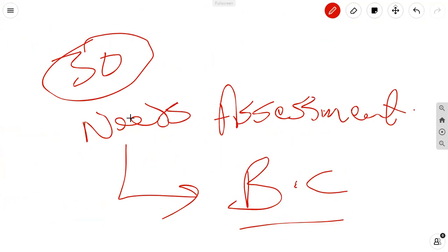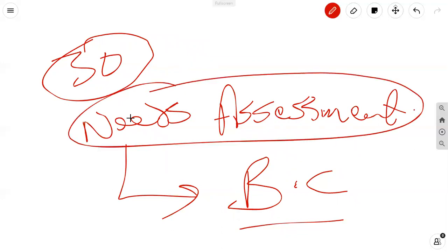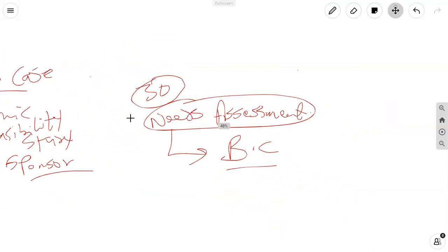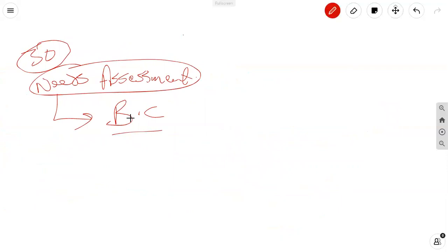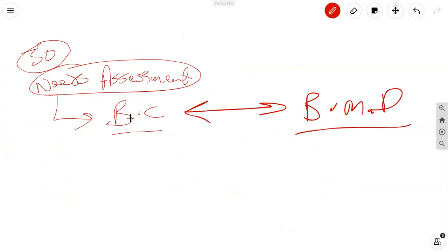The results of the needs assessment may be summarized in the business case document. So you need to understand this needs assessment precedes the business case. And if you look at that image, you can see that there's interaction and interchange between your business case and your benefits management plan. But what is the benefits management plan would be the next question.